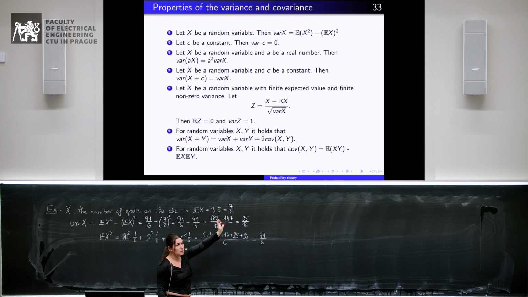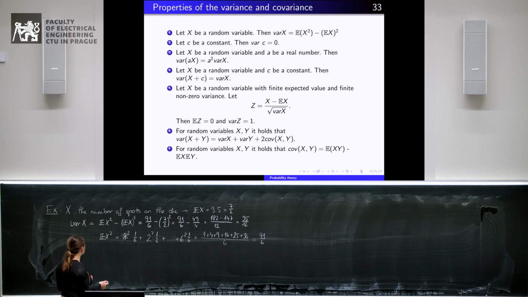When we construct the squares over the distances of the random numbers from the expected value, the mean area of these squares is equal to 35/12. Yeah, so that was the variance in the case of the number of spots on the die.